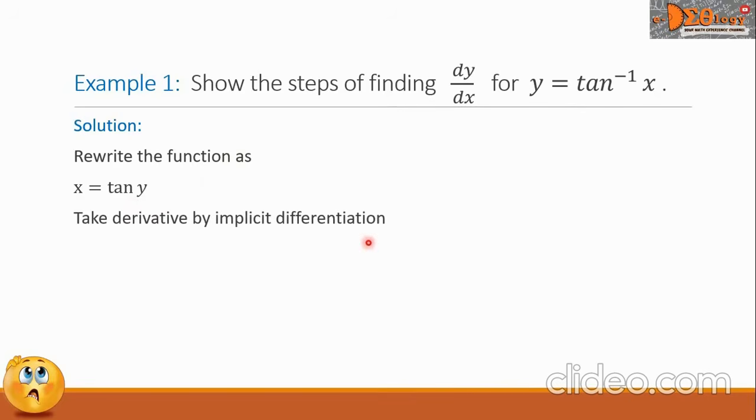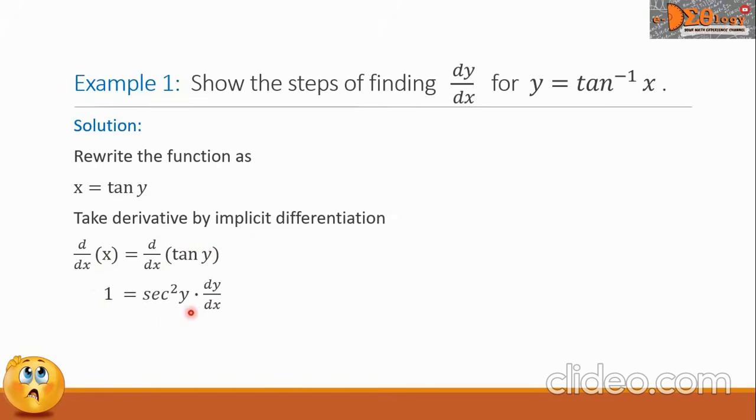It means we will take the derivative of both sides with respect to x. And then, let us evaluate the derivatives respectively. The derivative of x is 1. The derivative of tangent y is secant squared y times dy over dx.